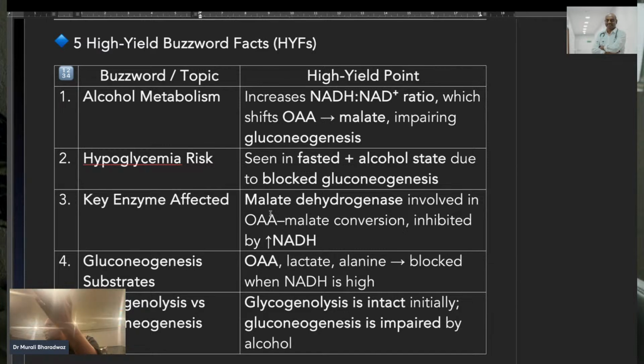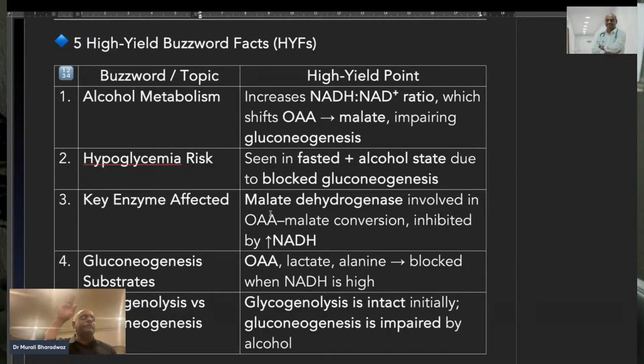Once NADH is high, the body will sense, oh, maybe this guy has a lot of energy, I don't need to produce glucose. But actually he's not eating. Generally, people who consume alcohol don't eat. They eat chips, more alcohol.